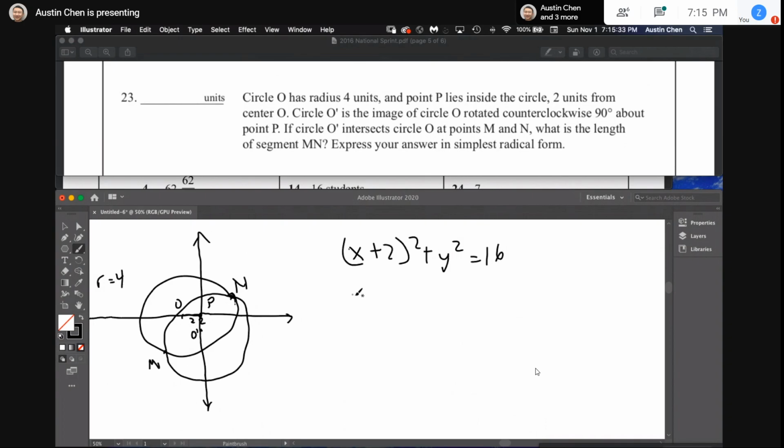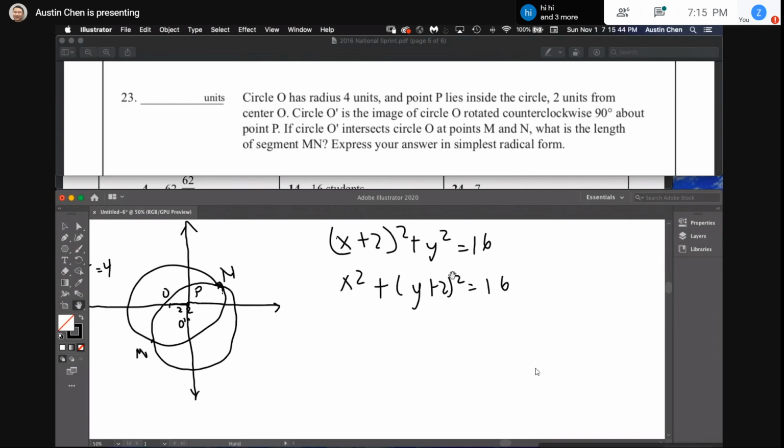And O prime will be x squared plus y plus 2 squared equals 16. And then we can try to solve these. So what can we do? We can subtract them, and then we'll get like a line equation.